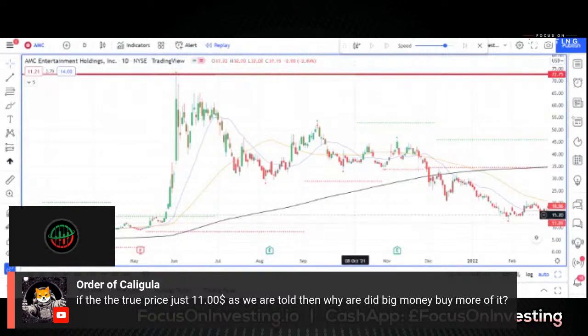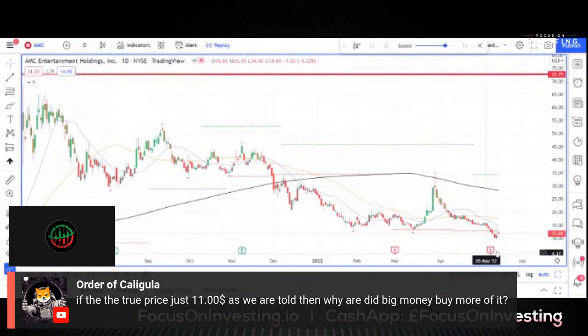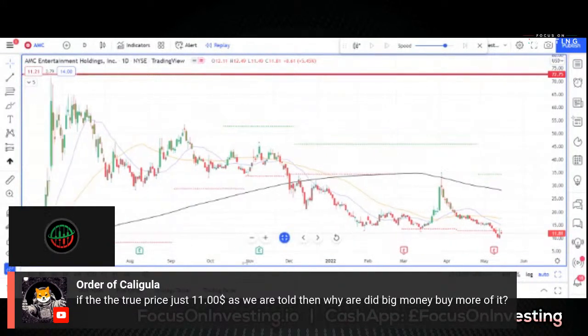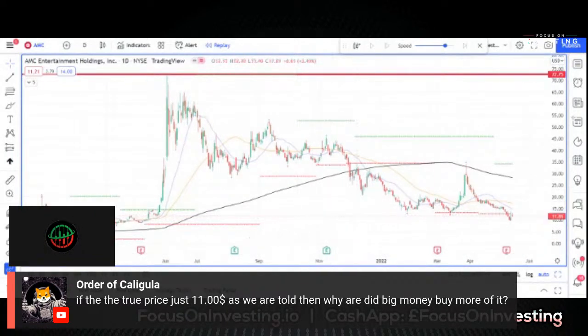But we can clearly see on the chart with our own eyes the price that the stock is available at, $11. And whether you believe it's being manipulated or not, if you have the ability to buy the stock at $11, then those people that are shorting and want to exit their trade can also exit at $11, right?